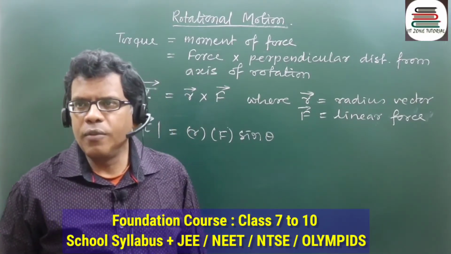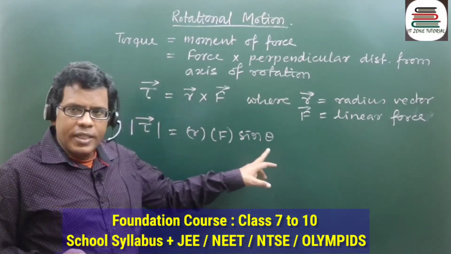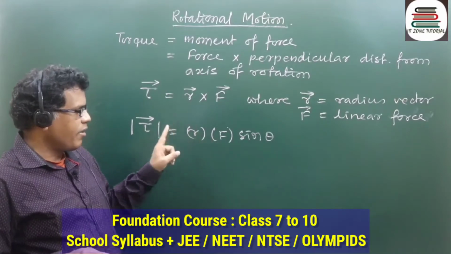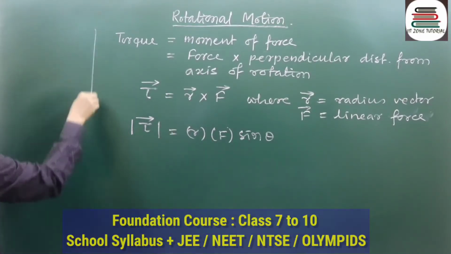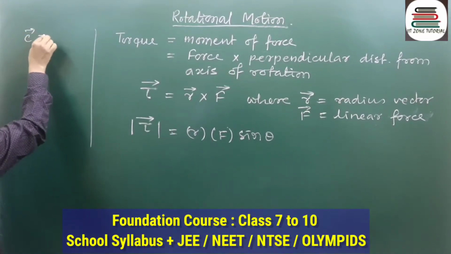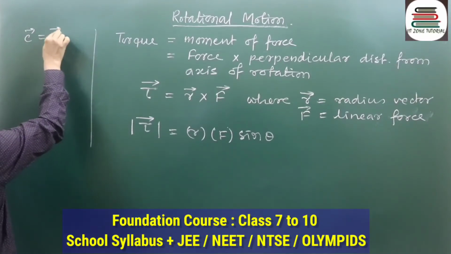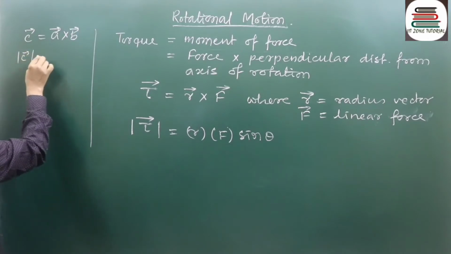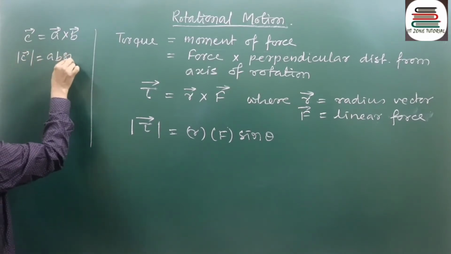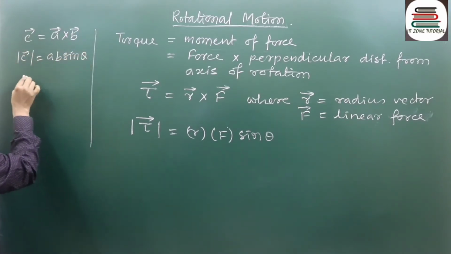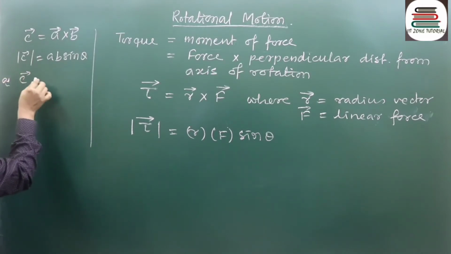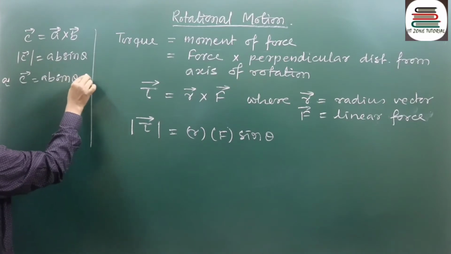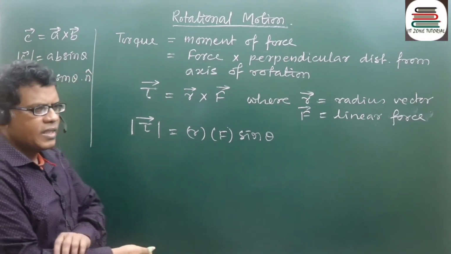Remember this formula: if vector c is equal to vector a cross vector b, then don't we write mod of c is ab sine theta? Do you remember it or not? Vectorially, vector c is ab sine theta into n cap. N cap represents the unit vector.